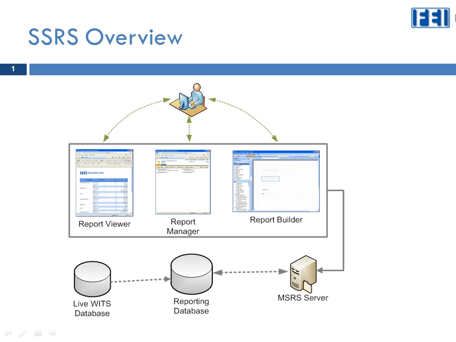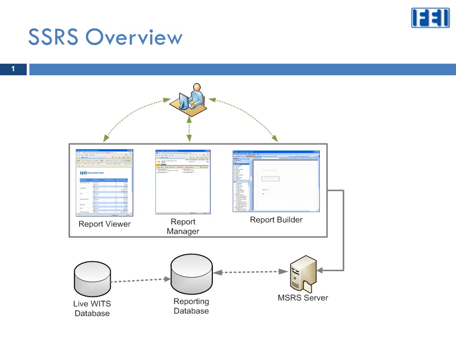You see that there is a live WITS database at the bottom here. This is the repository, where you collect the data on a daily basis. This is your live database for WITS VMS. Every night a backup of that data is done, and that backup is loaded into the reporting database.